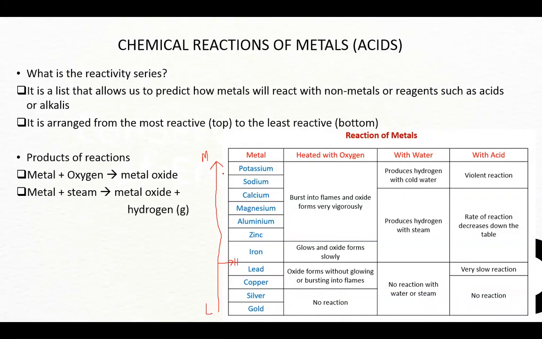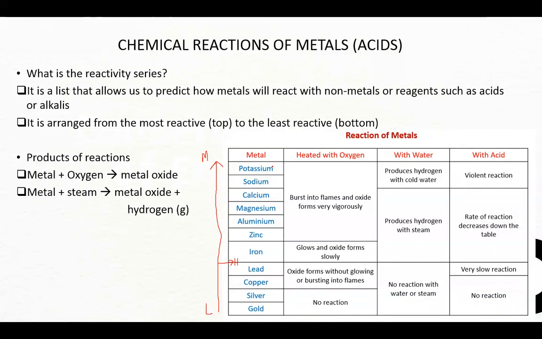from the top, we have our most reactive metals. So we know that it's not going to take much for them to react, and the way that they are going to react is probably very violent or very vigorous compared to the reactions you'll get as you go closer to the bottom, the least reactive metals here.